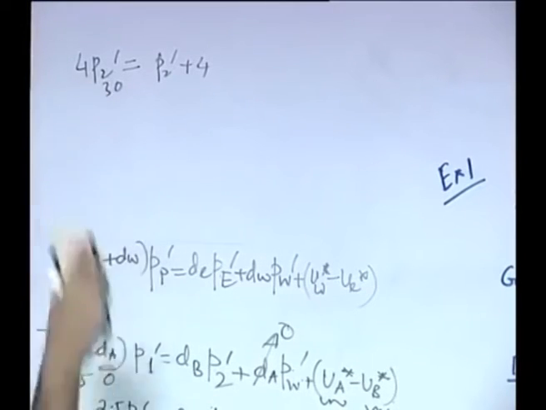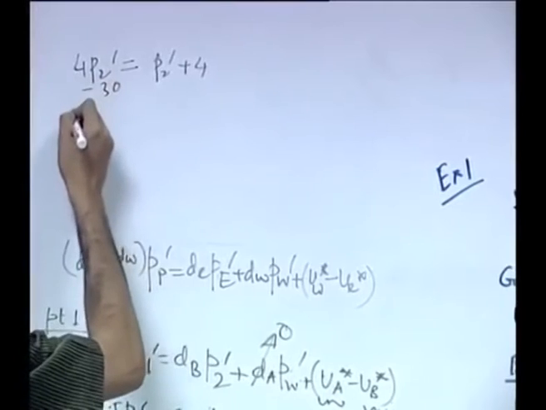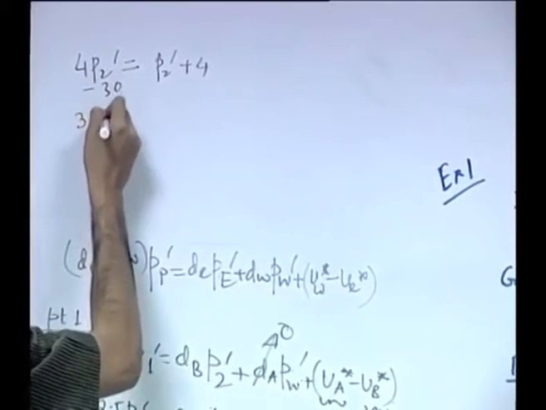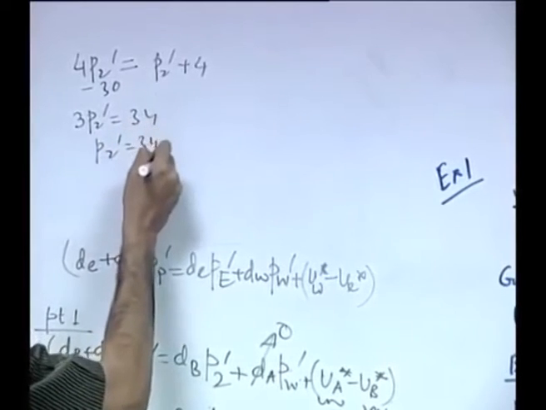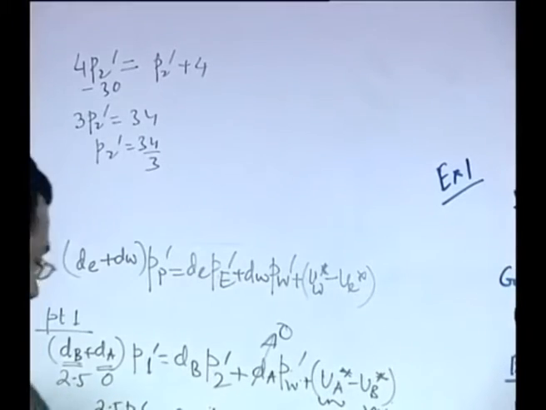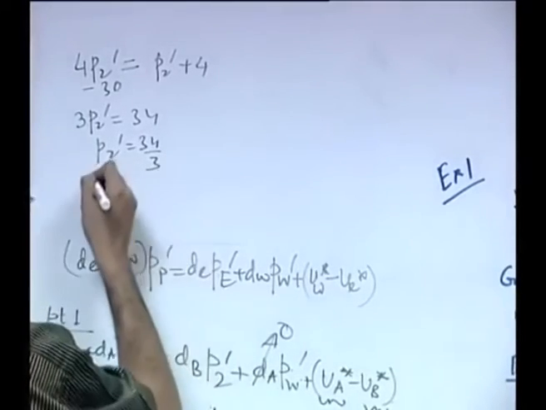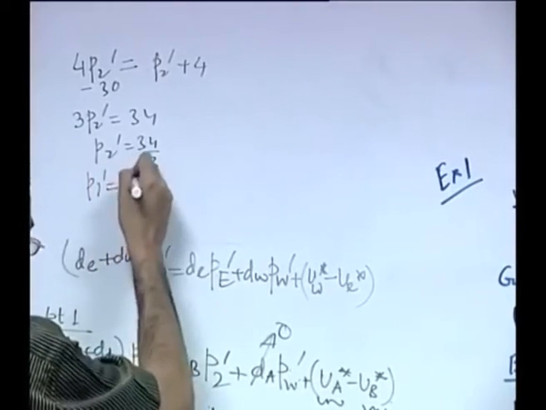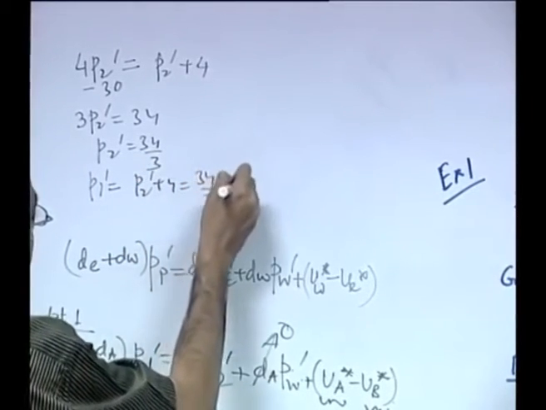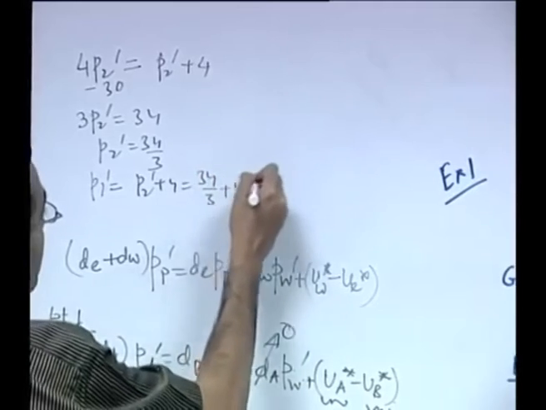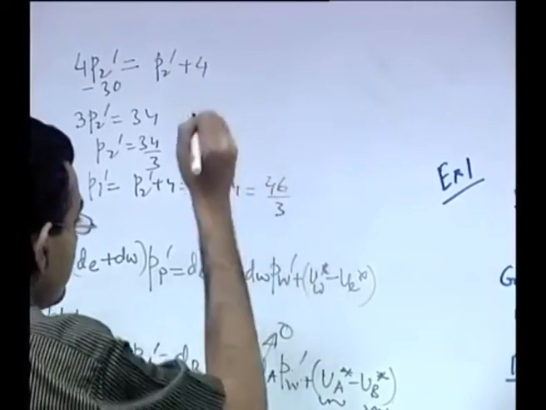Minus 30, right. So 3 P2 prime is equal to 34, that means P2 prime is 34 by 3 and P1 prime is P2 prime plus 4, so 34 by 3 plus 4, 46 by 3.